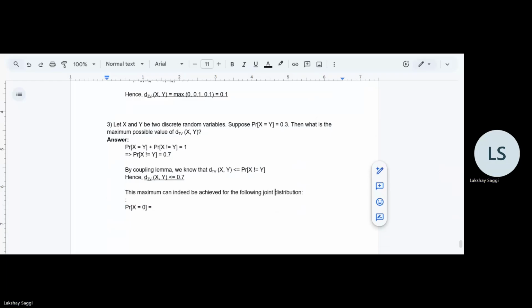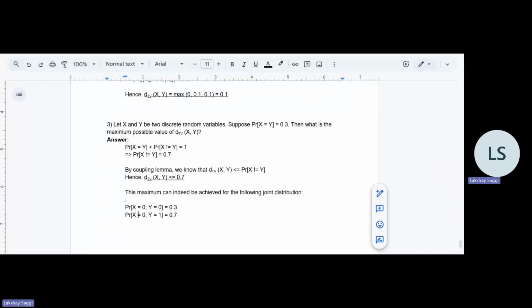The probability that x is 0 and y is 0 is 0.3, and the probability that x is 0 and y is 1 is 0.7. Note that we are not saying that x and y are independent.